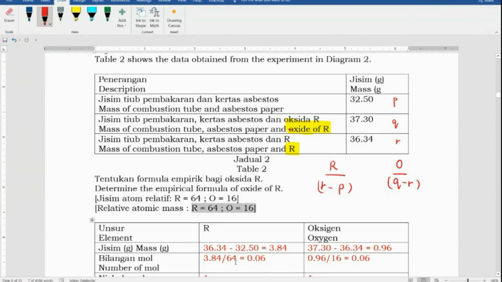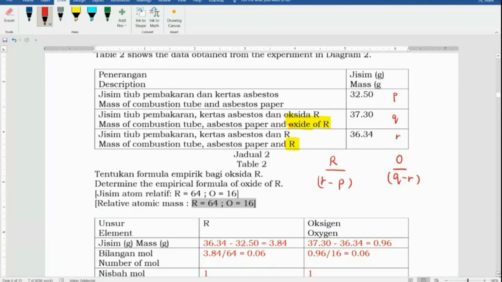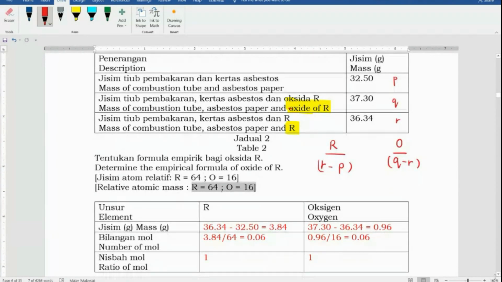But let's say you get two different values, we choose to divide by the smaller mole. Let's say 0.01 and 0.02, for example. If you divide by 0.01, the smaller one, the ratio now is 1:1.